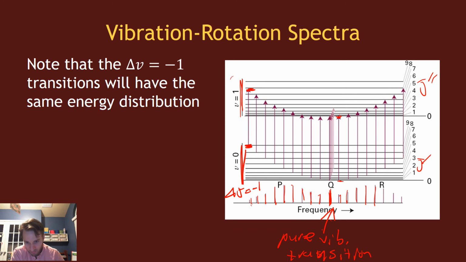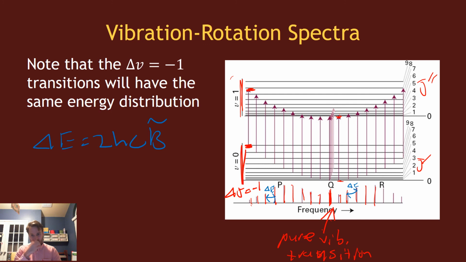So just like in a pure rotational absorption or emission spectrum, what you have is the energy difference between these different peaks. The energy difference between those different peaks, that delta E, is just equal to 2hCb.